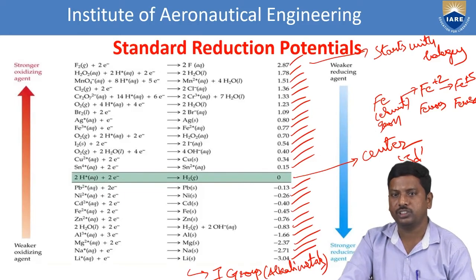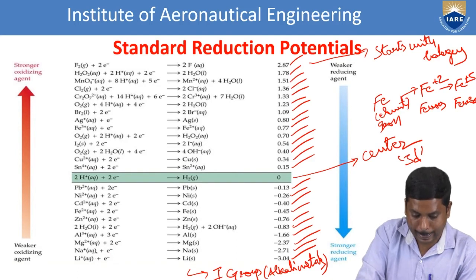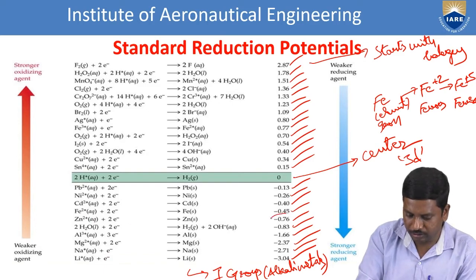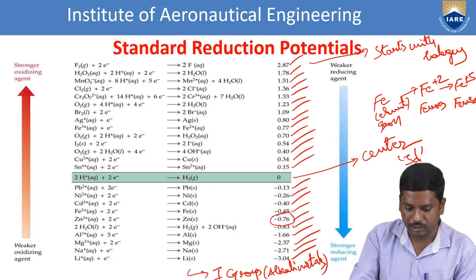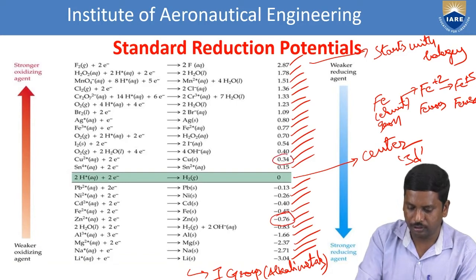What is the potential of zinc? Zinc has minus 0.76 volts. And what is the potential of copper? 0.34 volts.